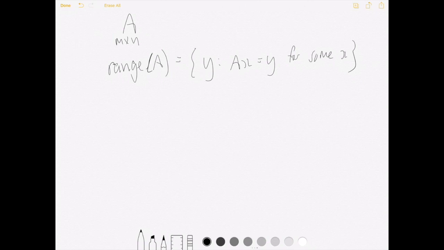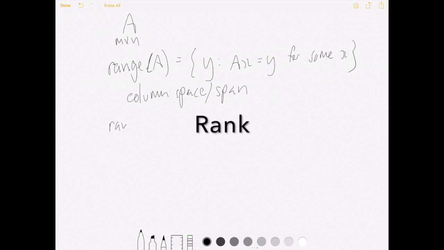That's also referred to as the column space or the span of A. And then the rank of A is just the dimension of the range.